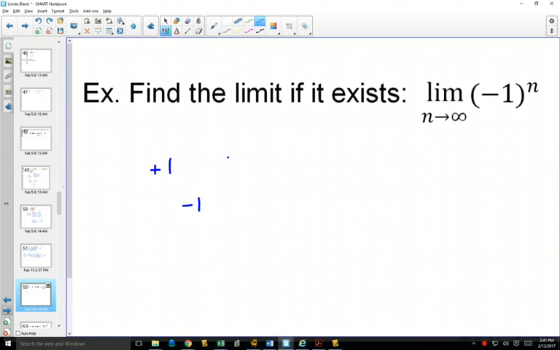And this is going to flip-flop between positive 1 and negative 1 as n gets bigger and bigger. Because it's doing that flip-flop, is it approaching just one value? No. So for this limit, we would say that it does not exist, because it keeps flip-flopping back and forth.